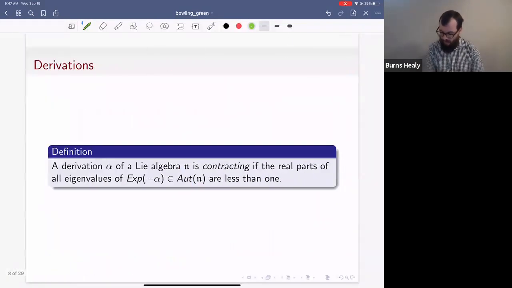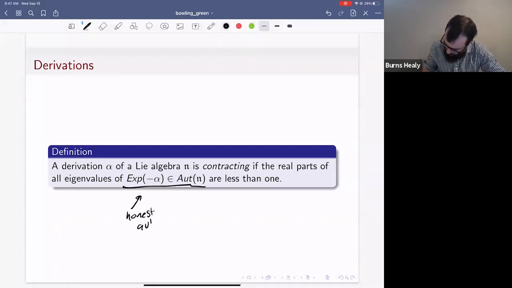So a derivation is going to have a particular property. Remember that I said that these copies of R, or more generally a nilpotent Lie algebra or nilpotent Lie group, as we foliate upwards, are going to be exponentially distorted. So let's codify that shrinking behavior. Okay, we're going to call a derivation contracting if, when I exponentiate it, I do get an honest automorphism.